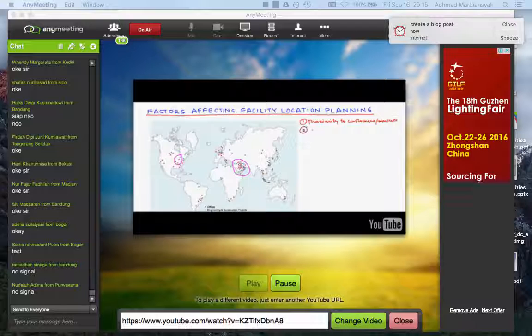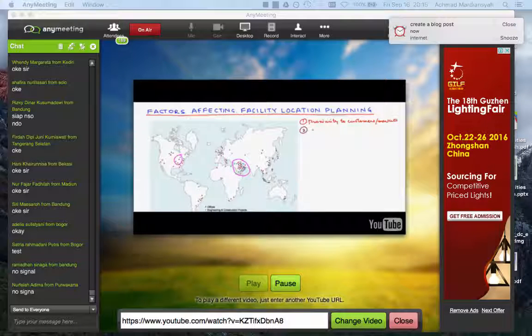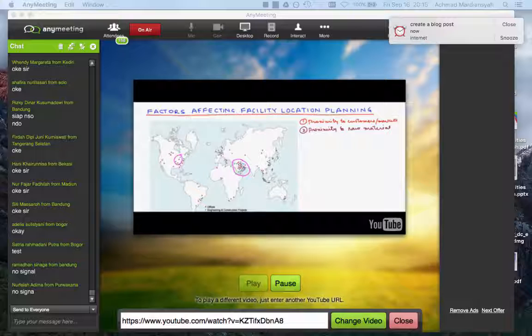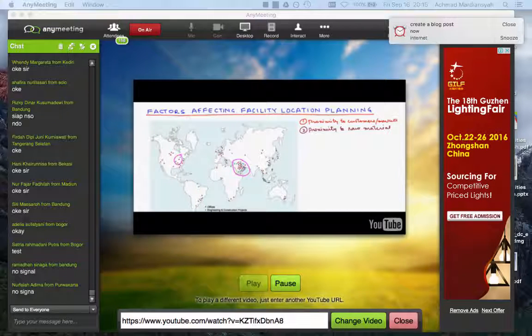Another important factor is the proximity to raw material. Industries which are dependent on bulky, perishable, or heavy raw material prefer proximity to the supply source.